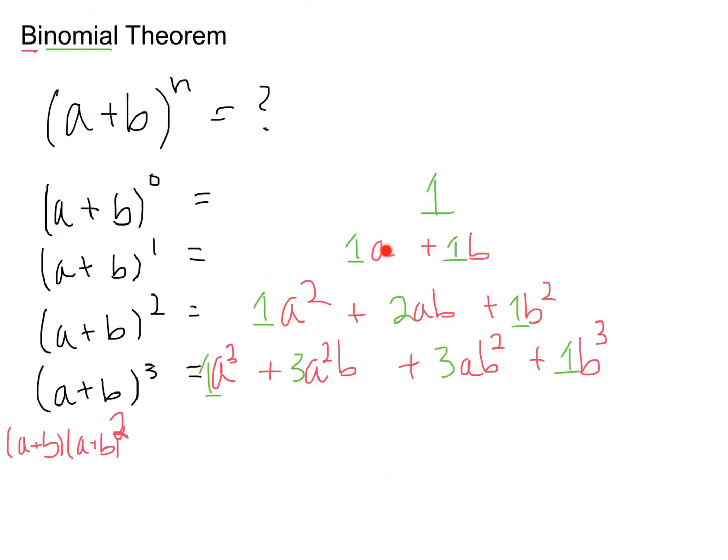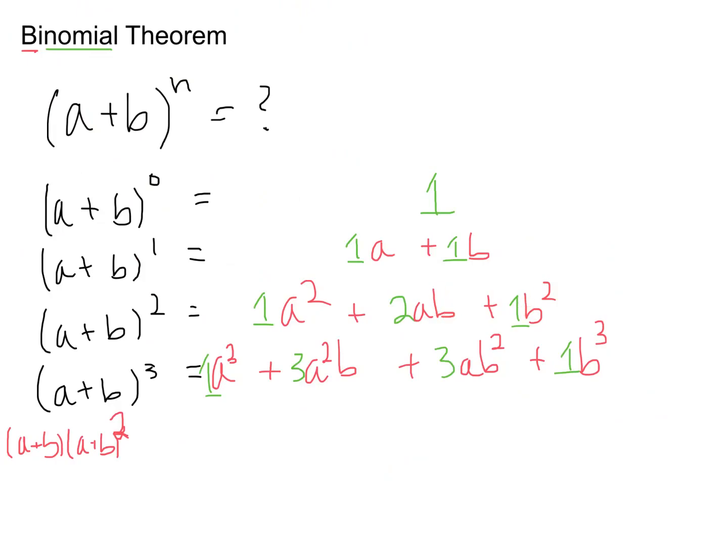And here we have b to the 0, and then b to the 1. Moving on, when the degree is 2, we start with a squared, then a to the 1, and then a to the 0. Similarly, we start with b to the 0, then b to the 1, and then b squared.